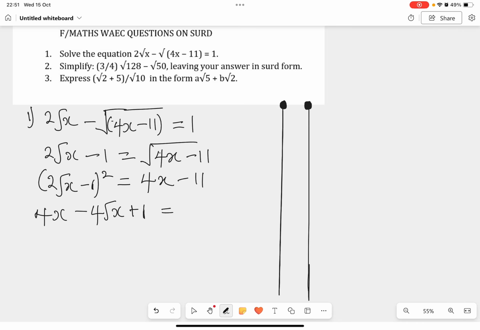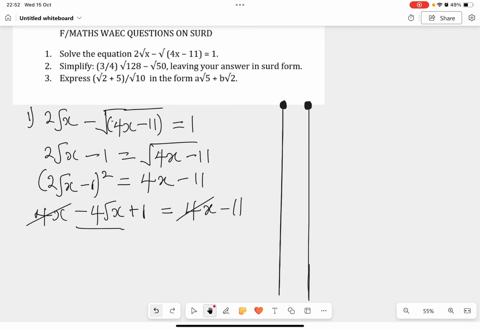With that, I have my left hand side done. At this point, it's looking fresh. The 4x cancels on both sides, so let's not waste time collecting like terms. The minus 4 root x is negative, so if I take it to the other side it becomes positive, and I'll take the 11 to the left hand side.